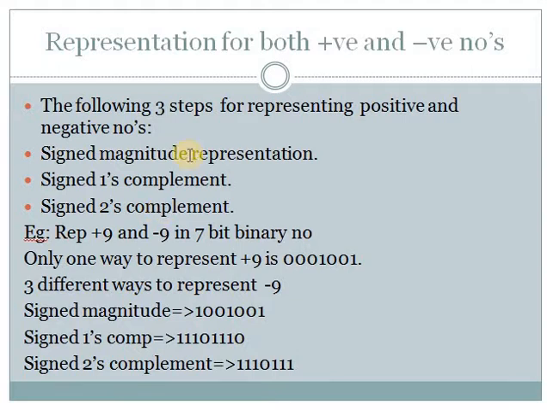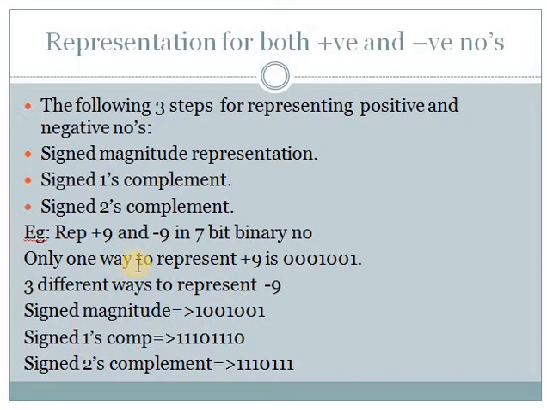See here, representation for both positive and negative numbers. There are 3 ways of representing positive and negative numbers, that is signed magnitude representation, signed one's complement, and signed two's complement. For example, we will take +9 and -9 in 7-bit binary numbers.